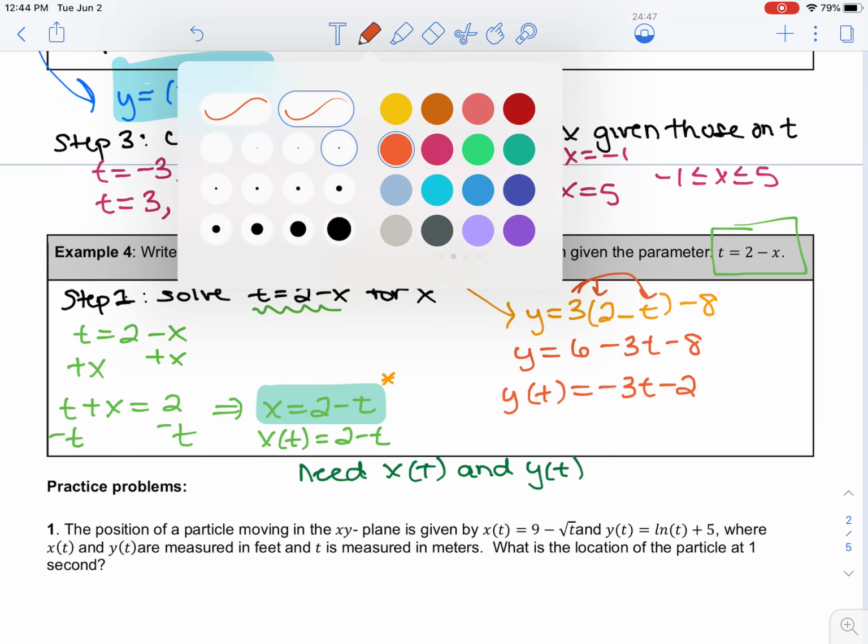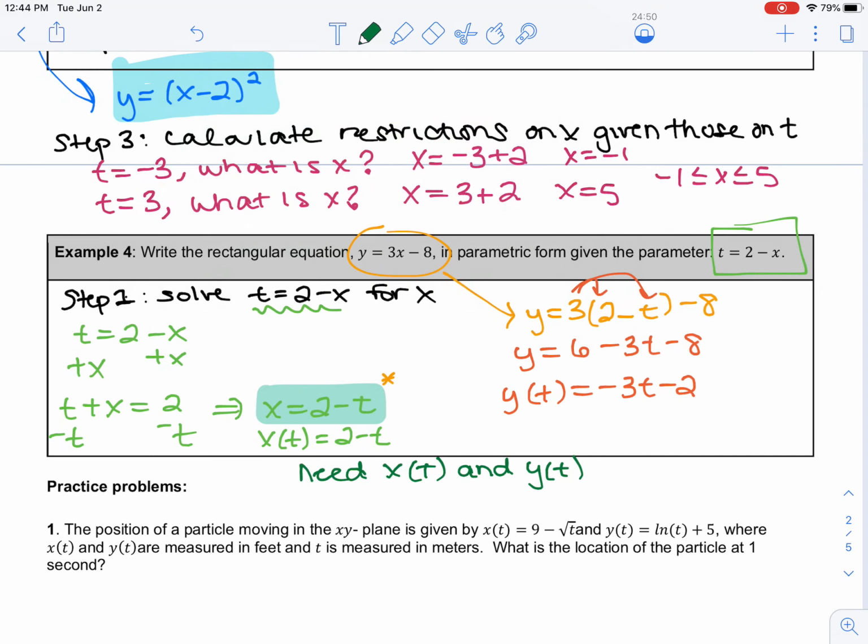Okay, so our final answer here, our parametric equations, are x of t is equal to 2 minus t, and y of t is equal to negative 3t minus 2.